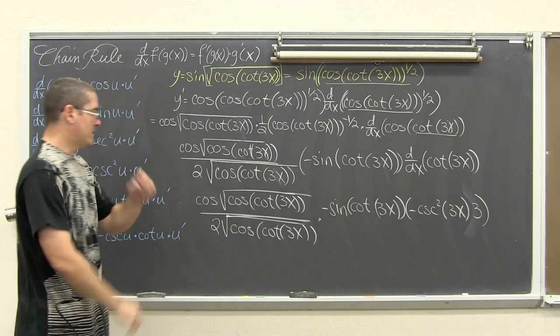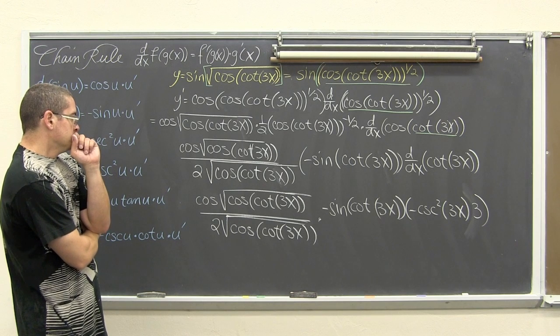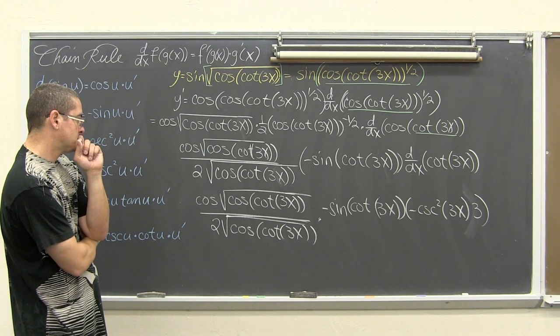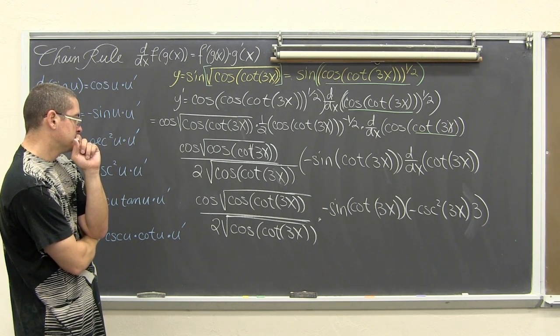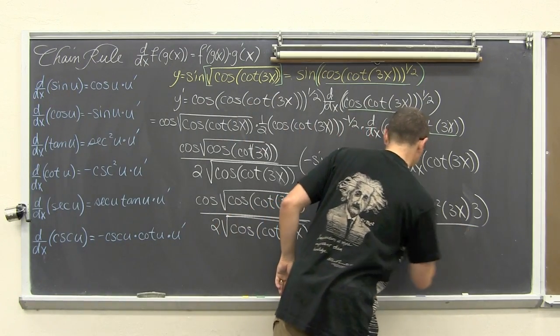Woo, we got a lot going on here. Now let's see, is there anything I can move up? I think we can say that this is all multiplication, this is all over 1.